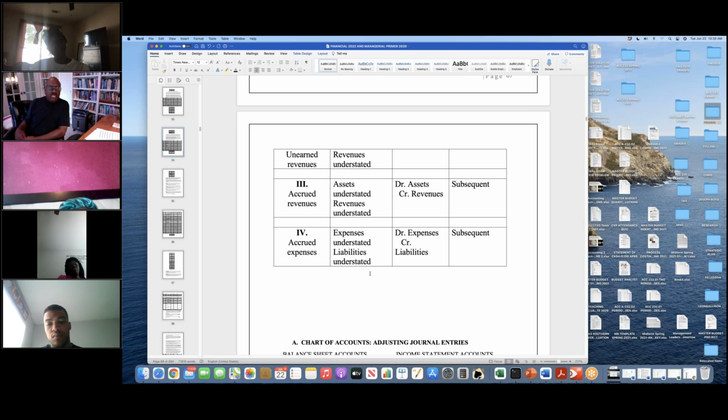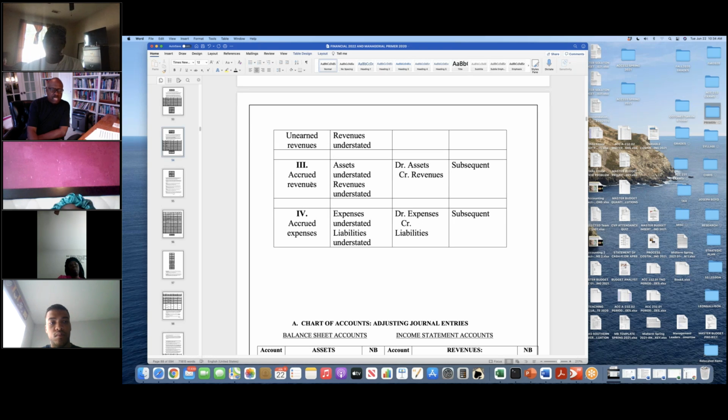we have types 3 and 4, accrued revenue and accrued expenses. Assets and revenues are understated when this situation occurs. With accrued expenses, expenses and liabilities are understated.